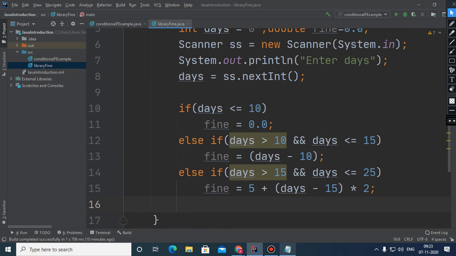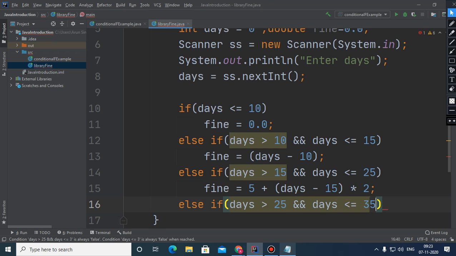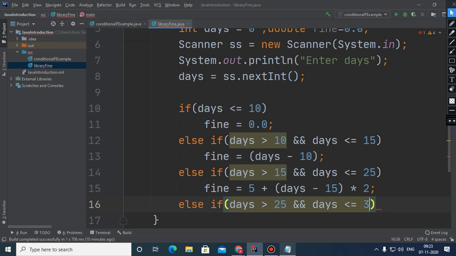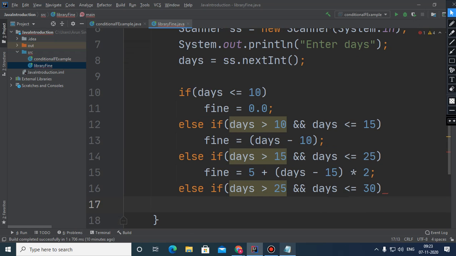So up to now, next condition is else if days are more than 25 and days are less than or equals to 30. So now here what to do? This fine is 5 rupees for first 10 days, and now 15 to 25, this range you have to see.